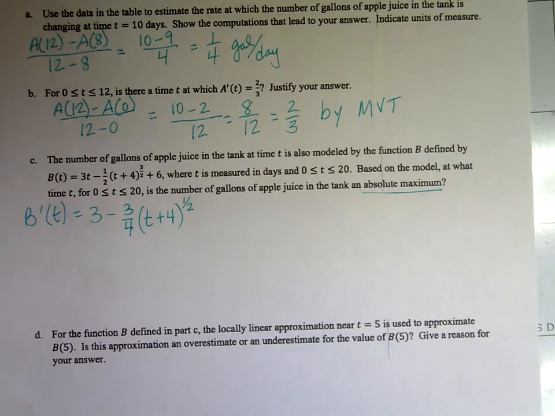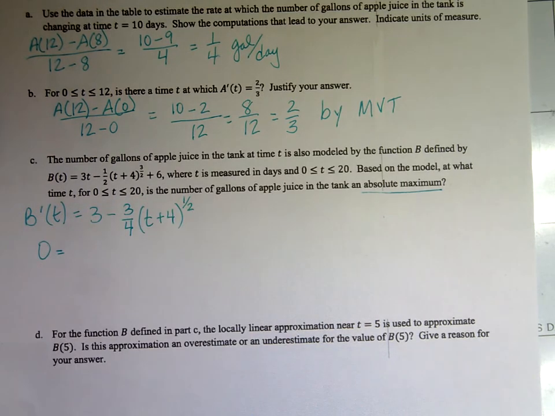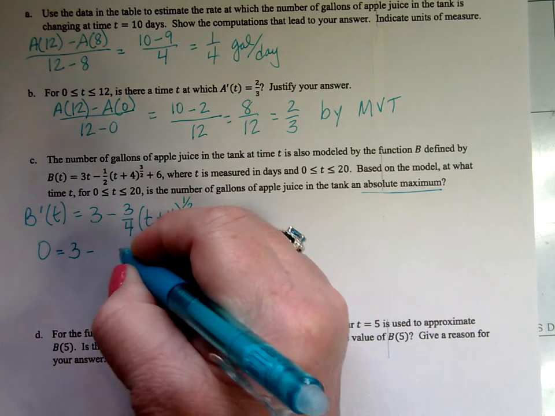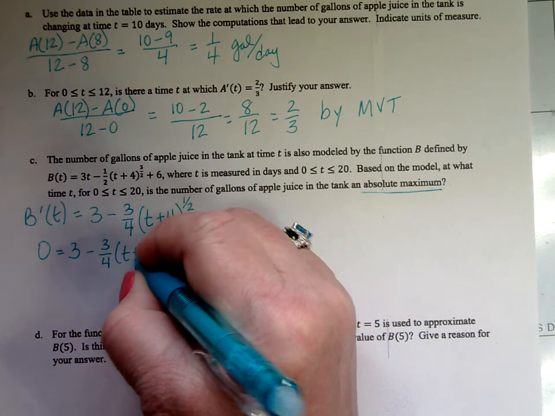Now what I have to do is take that first derivative and set it equal to 0 to find the maximum. So I'm setting this equal to 0. I've got 3 minus 3/4 times t plus 4 to the 1/2 power.